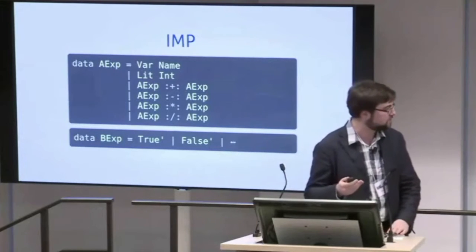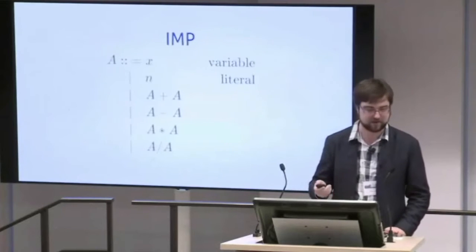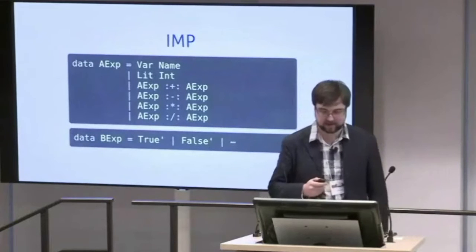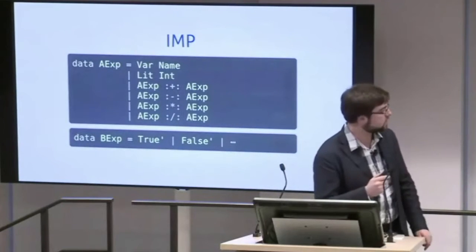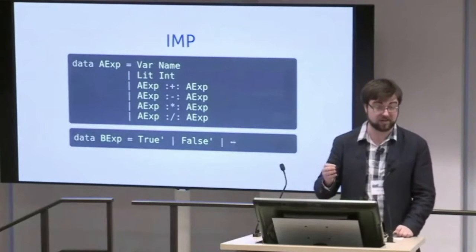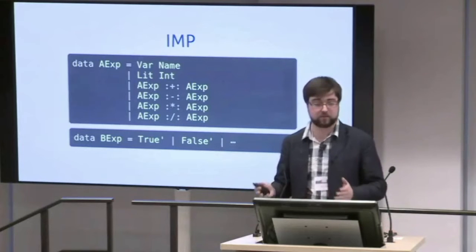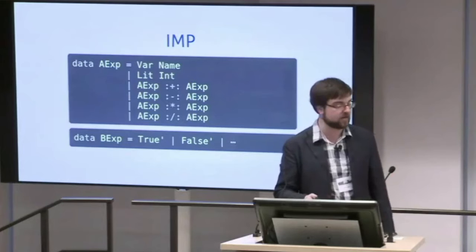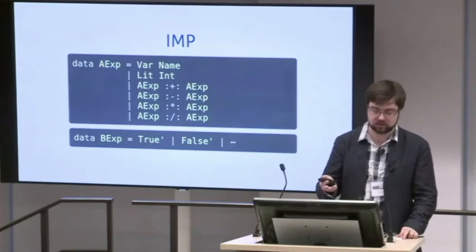Back in the day when people only used ASCII and you had to write out this grammar, it would look almost exactly like this. The one weird thing for non-Haskellers is that the last four constructors, the plus, the minus, and so on, are all infix. Just like you can define custom infix operators by using special symbols for your function names, you can define infix constructors. So the arithmetic expressions look like this.